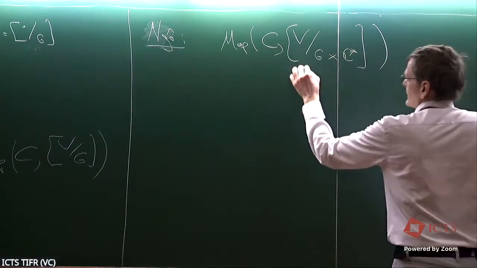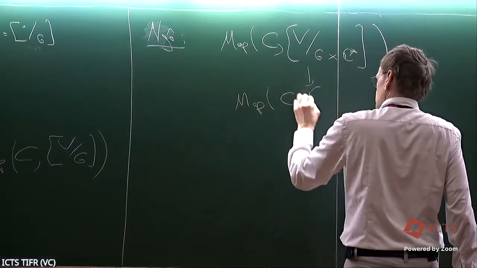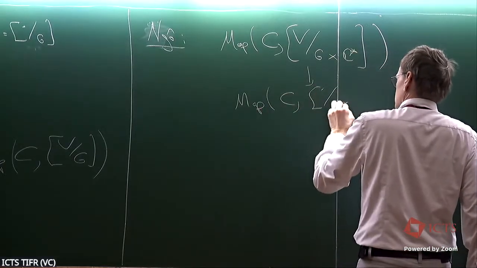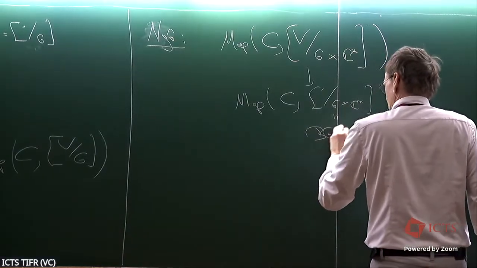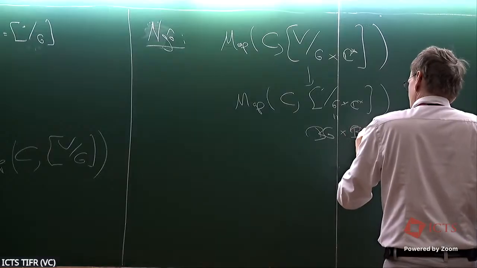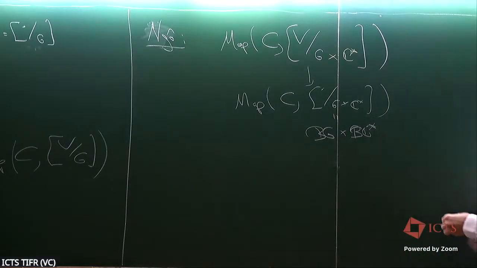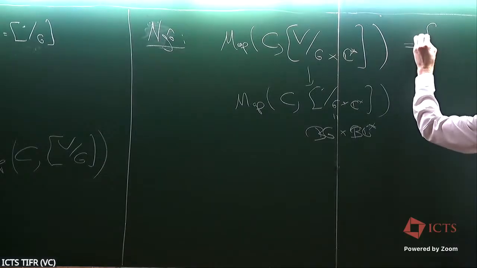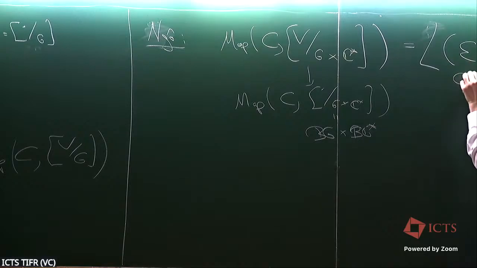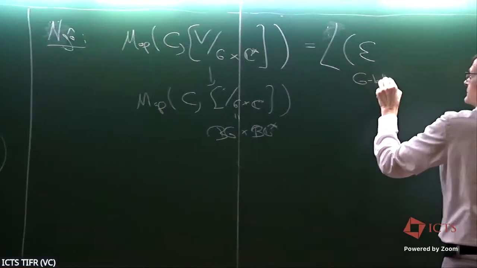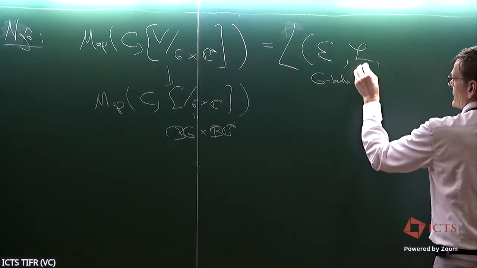Then this has a map to the classifying space of C star, which is just line bundles. So what will this be? This will be pairs of a G bundle and a line bundle. So this is the C star torsor that you see here.